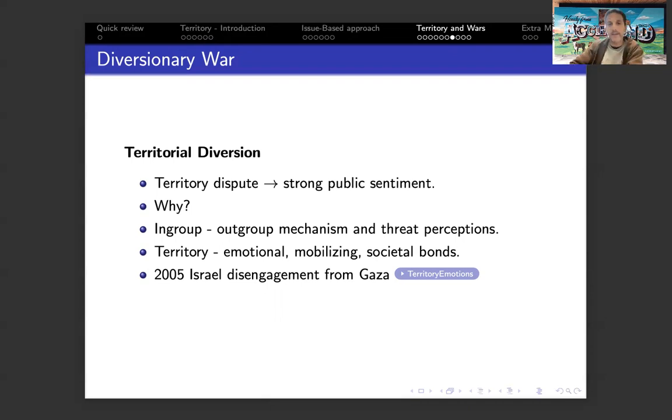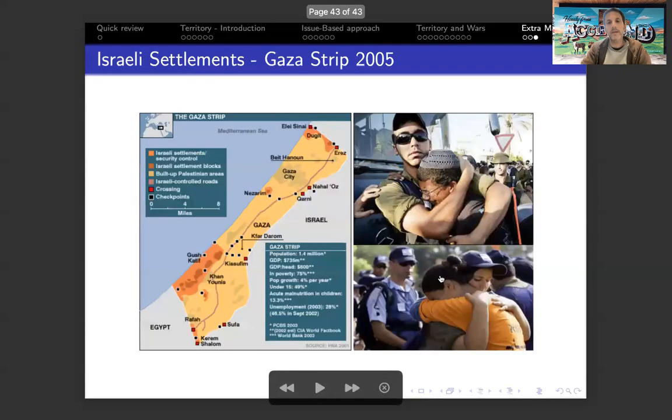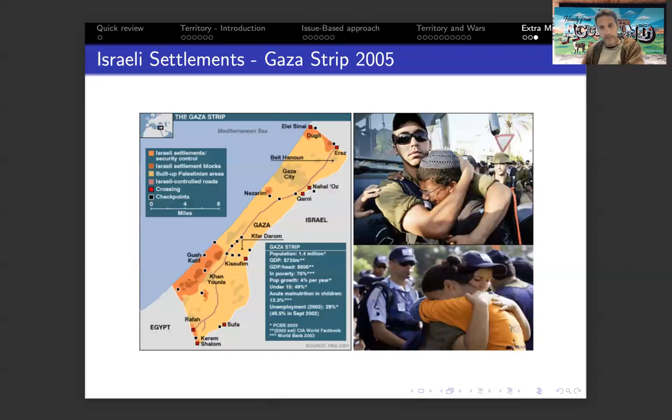As an example of that, I want to focus on the Israeli decision in 2005 to disengage from the Gaza Strip. I'll give you some background on this case. The Gaza Strip is a very small area of land which was under Israeli control since the 1967 war, and populated by Israeli settlers.